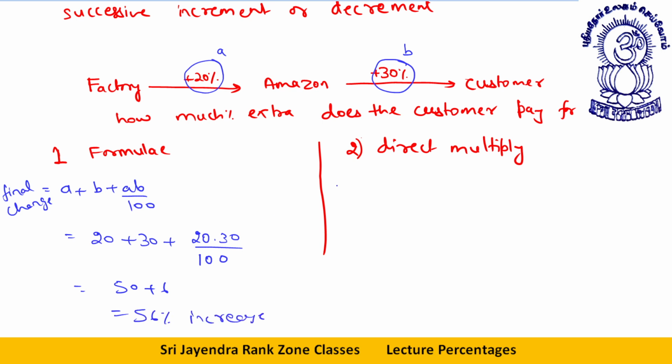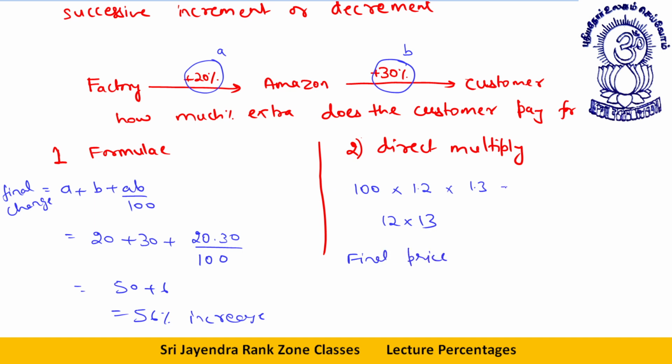Let me tell the other method also, then I'll talk further. The second method is direct multiply. Suppose an article was 100 rupees. The price increases by 20%, it becomes 1.2. The price increases by 30%, it becomes 1.3. Now removing the two decimals, it becomes 12 into 13. This will give you the final price.